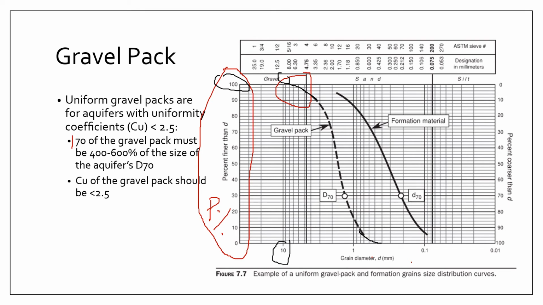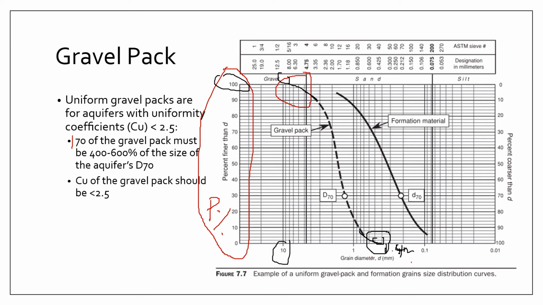Now, if you have a size of, let's say, 0.4 millimeters, you get 0% passing, meaning 0.4 millimeters is smaller than the smallest grain particle in your sample.